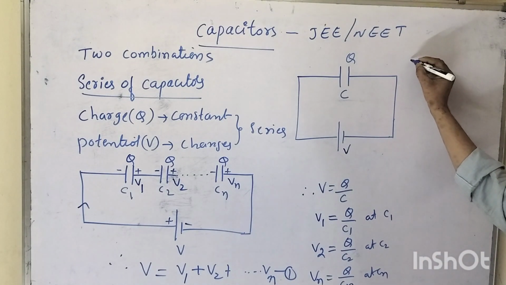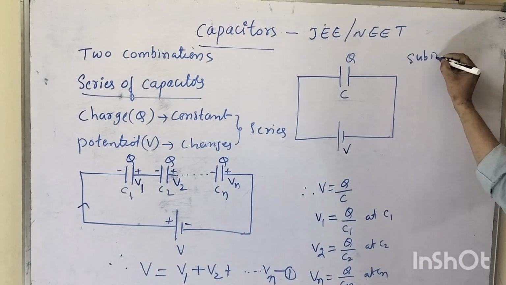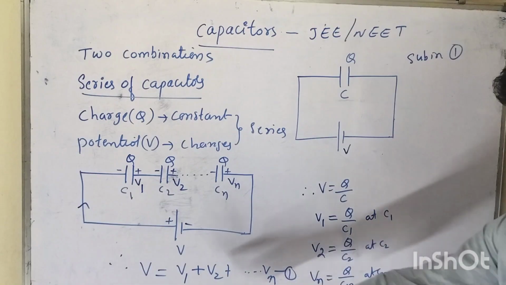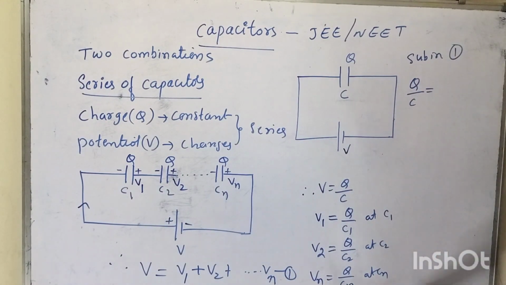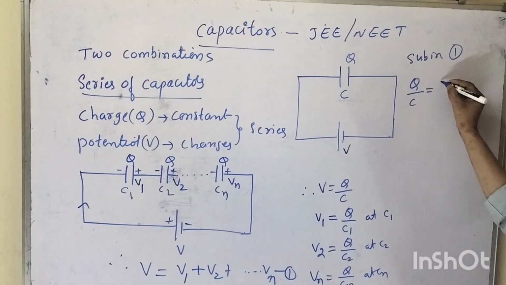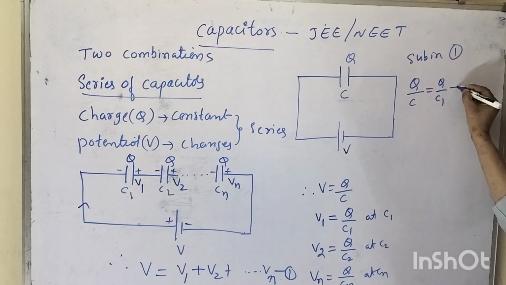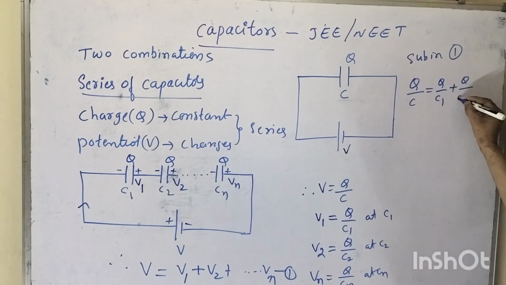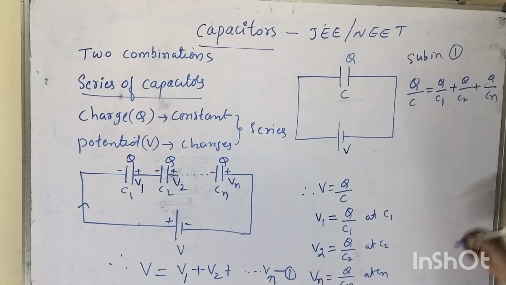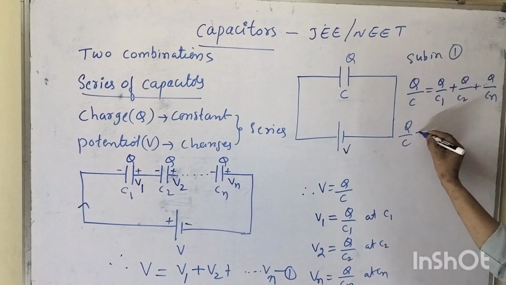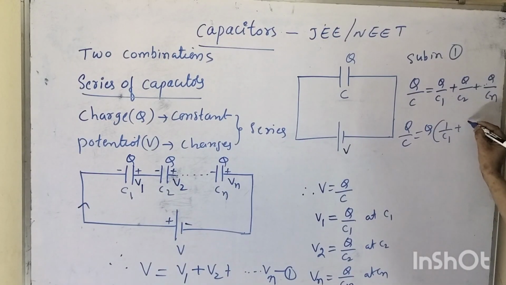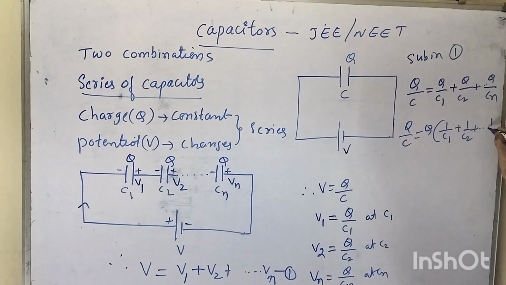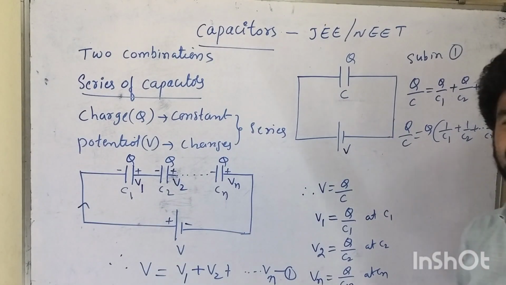When all the values are substituted in equation 1, we get Q by C equals Q by C1 plus Q by C2 and so on plus Q by Cn. Taking Q common, Q by C equals Q times 1 by C1 plus 1 by C2 and so on plus 1 by Cn.